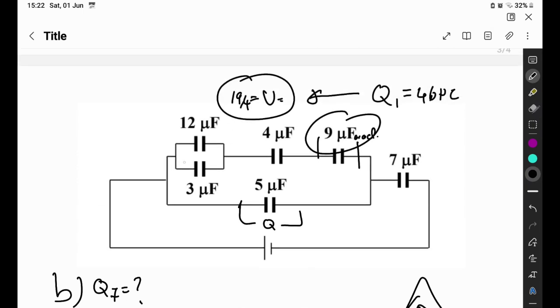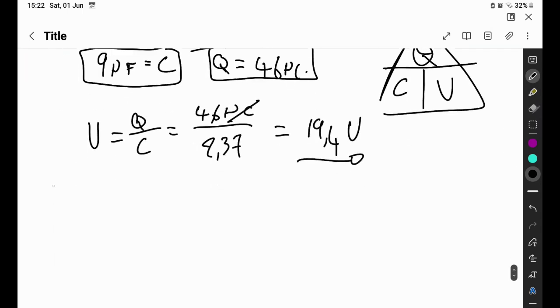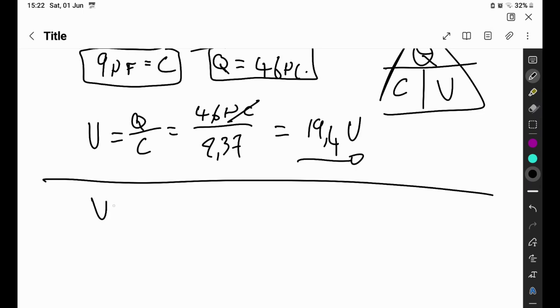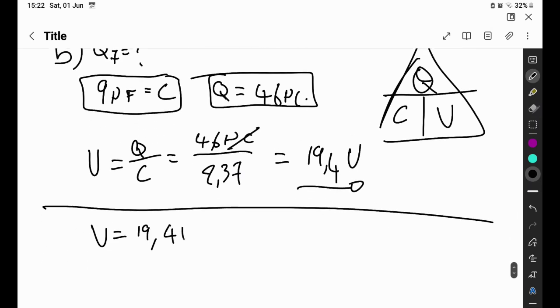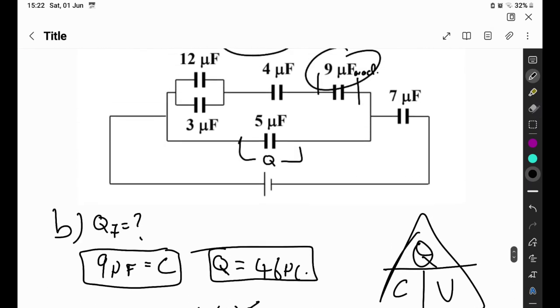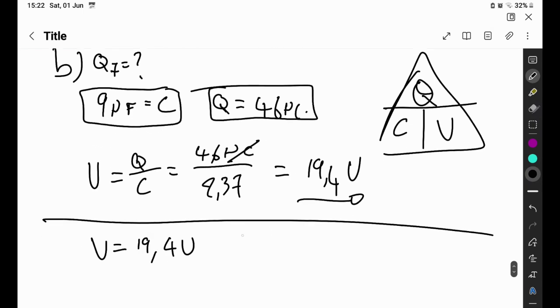We know that for parallel circuits the voltage is the same. So the voltage is going to equal 19.4, right? And we have a capacitor of 5 microfarads.